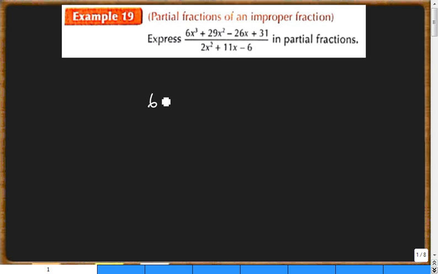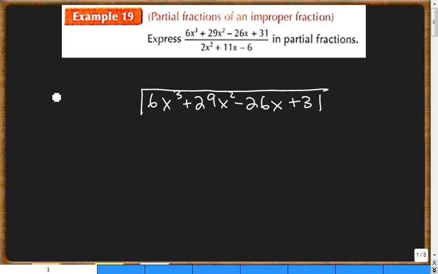So we get 6x cubed plus 29x squared minus 26x plus 31, and we're going to divide that by 2x squared plus 11x minus 6. So we go through with our division. We should have 3x here. So 3x times this is going to give us 6x cubed by design.